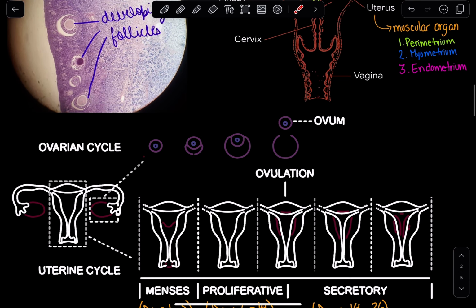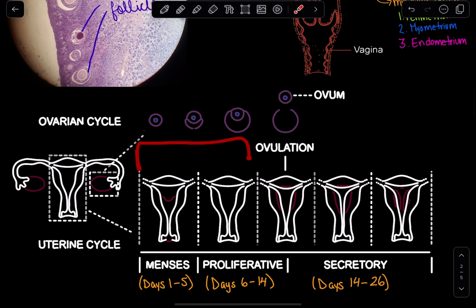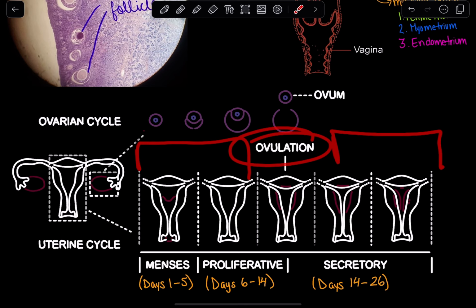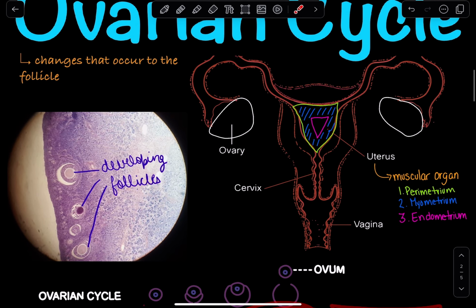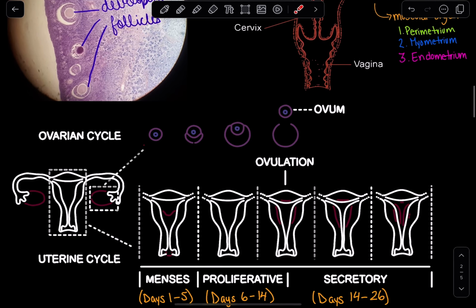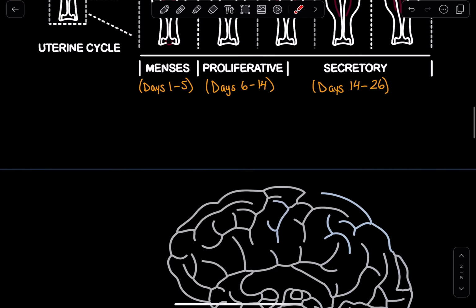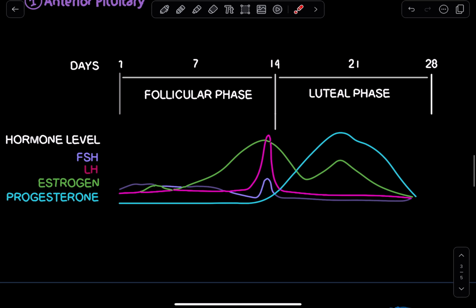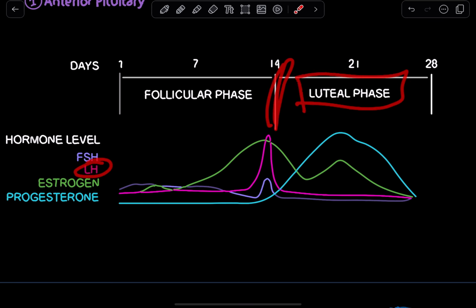The ovarian cycle consists of the follicular phase, the ovulation phase, and the luteal phase. And these phases are aptly named based on the follicle. In the follicular phase, the follicle is developing. When we see that spike in LH, we see the release of the egg, and then we enter the luteal phase.